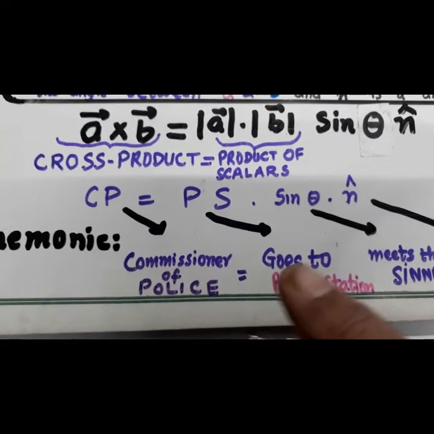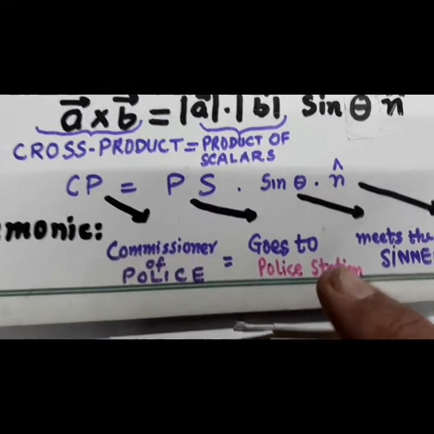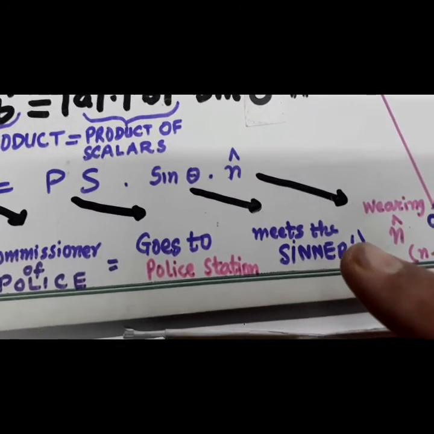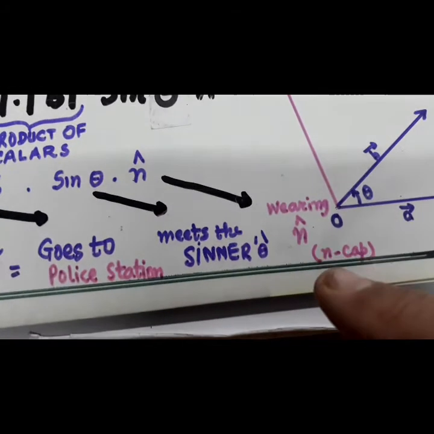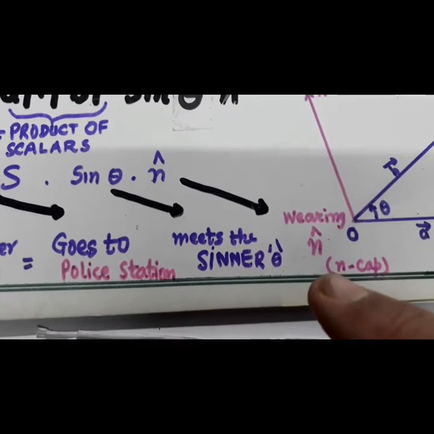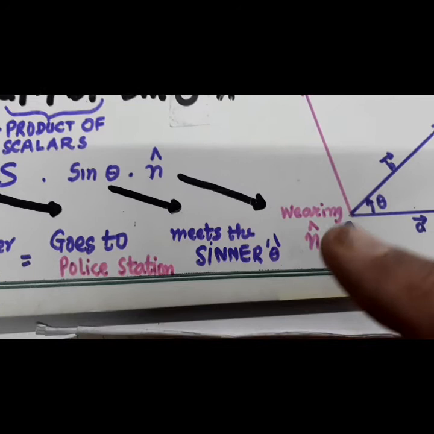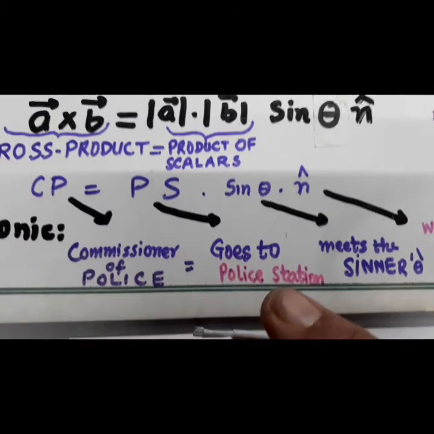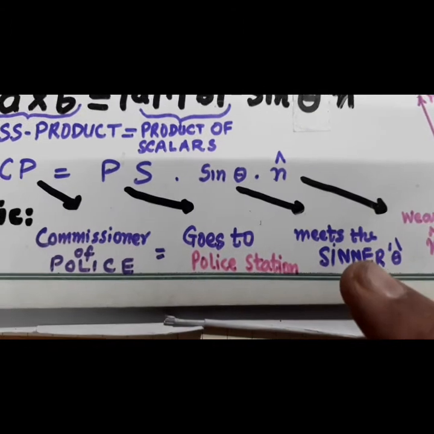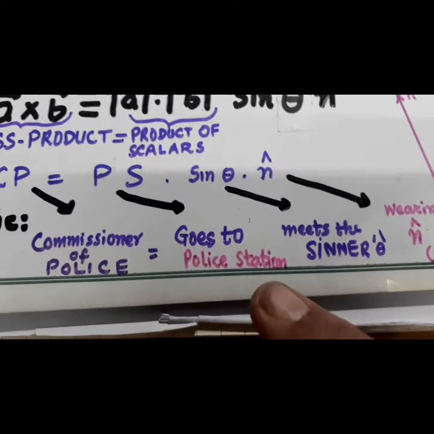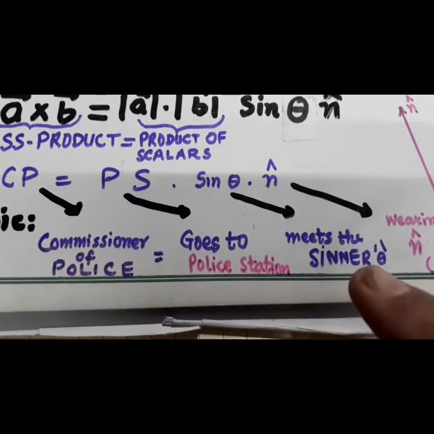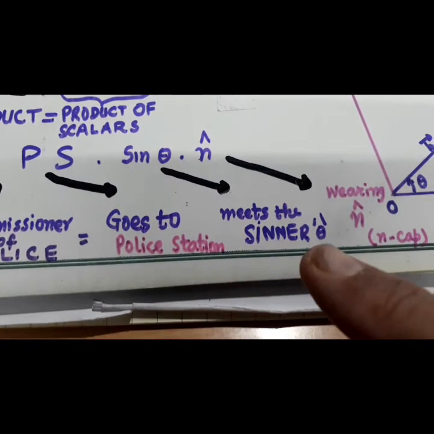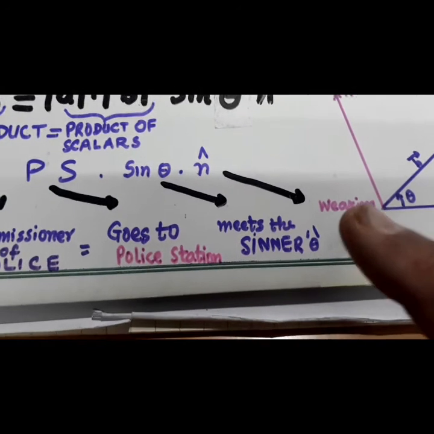Commissioner of Police goes to police station, meets the sinner, theta, wearing n cap. उस कैप पे एन लिखा हुआ है. मामला बहुत खतरनाक है. He is sinner. Commissioner of Police goes to station, meets the sinner, theta, sin theta, wearing n cap.